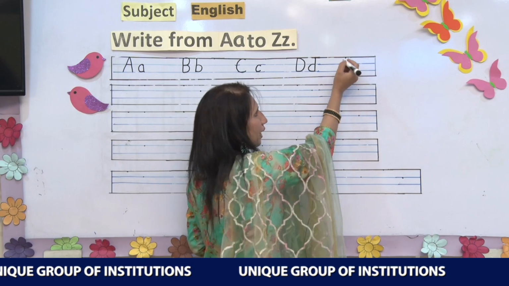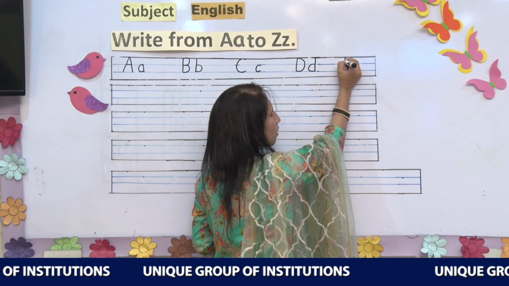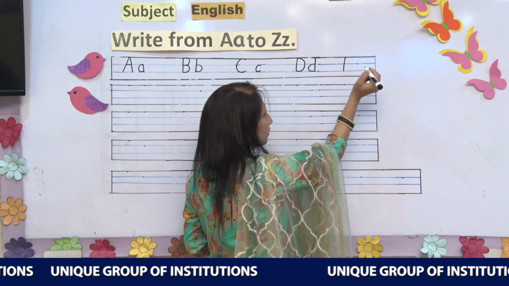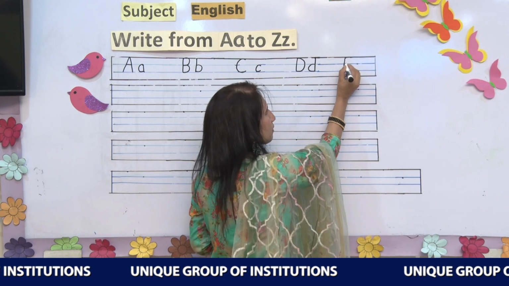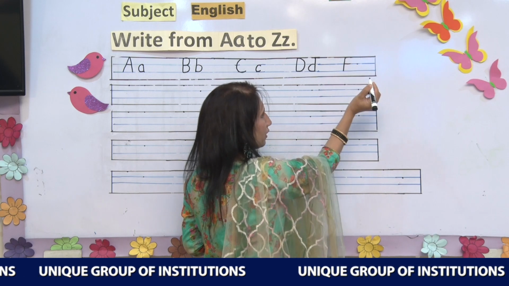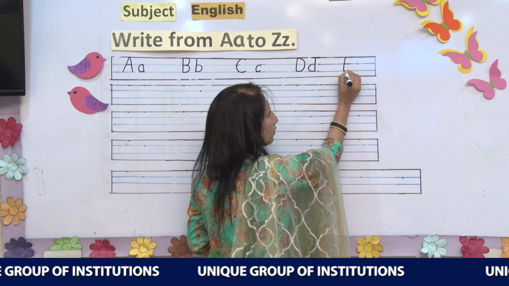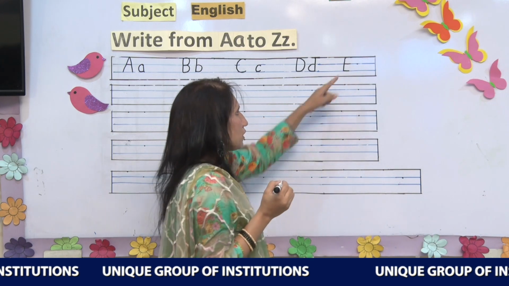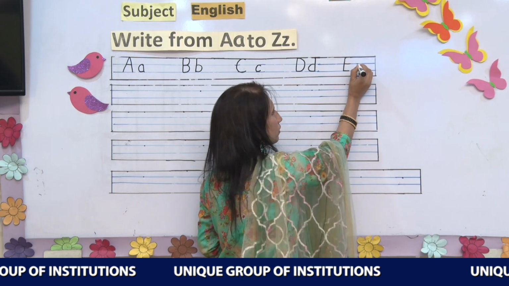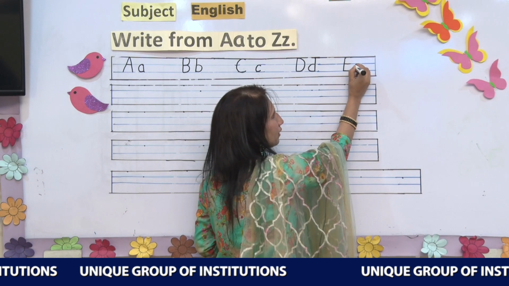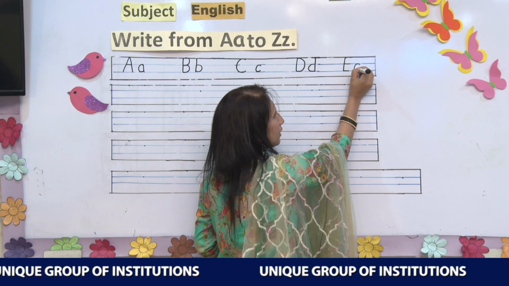Now we are going to write the letter E. One standing line, one sleepy line on the first line, one sleepy line on the center of the line, and one sleepy line on the third line. So these three lines will make your E. Then small e will be written in the center of the two lines.